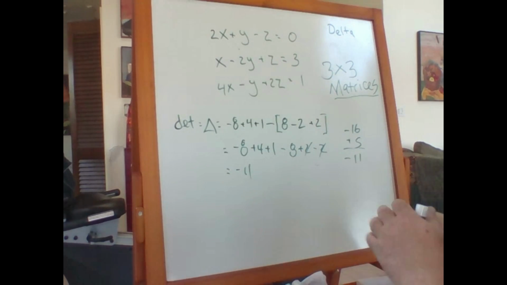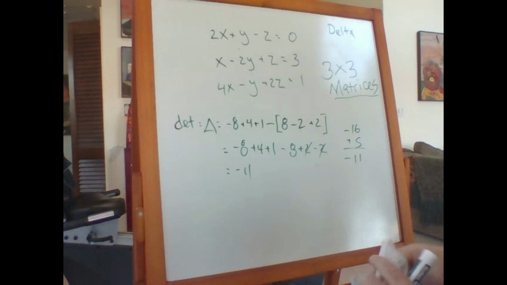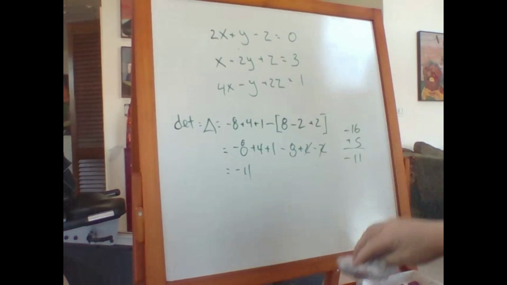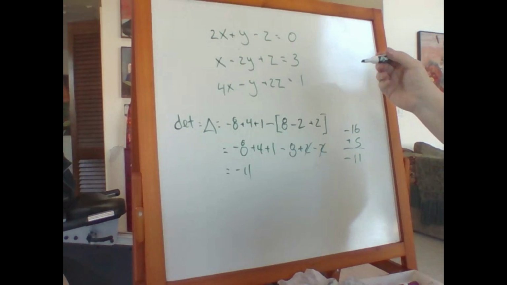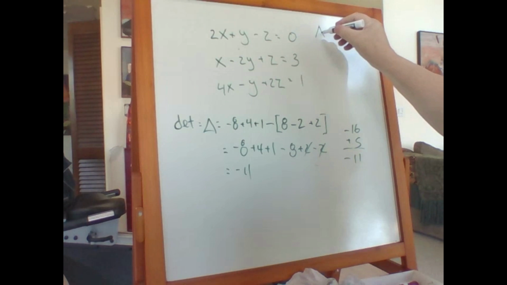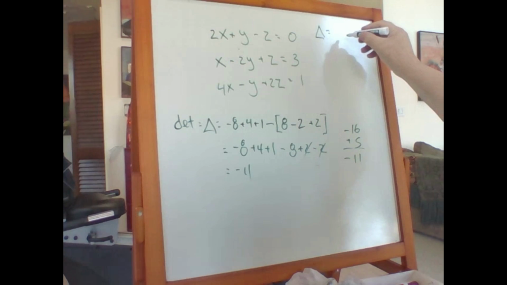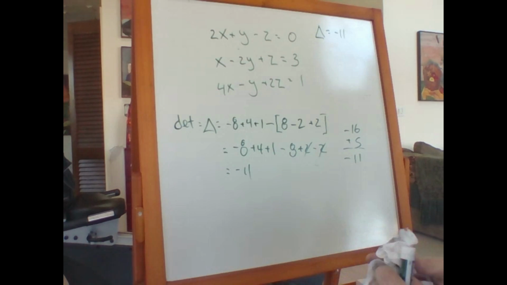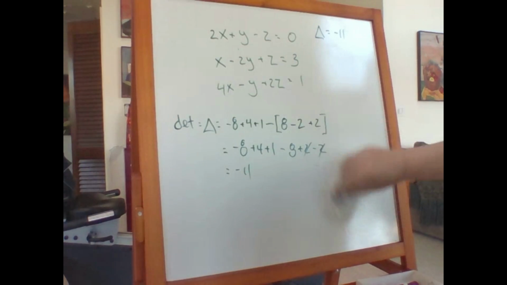That's our determinant. So we're going to write that up here. We'll keep that in storage, minus 11. Okay, now we rewrite our, boy, I hope I got my math right.